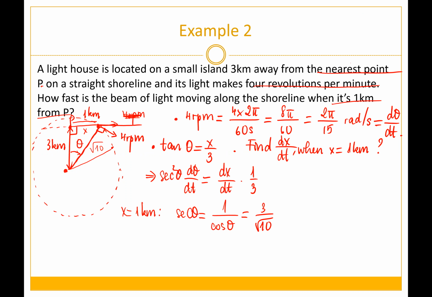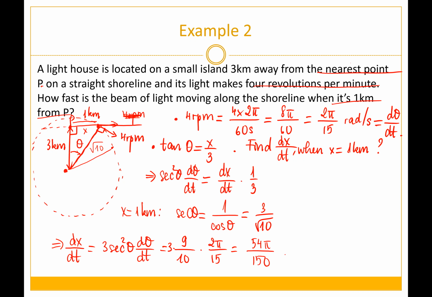And so doing that, we have dx over dt equal to 3 secant squared theta, d theta over dt, which is 3 multiplied by 10 over 9 multiplied by 2 pi over 15, which is going to give us 60 pi over 135.